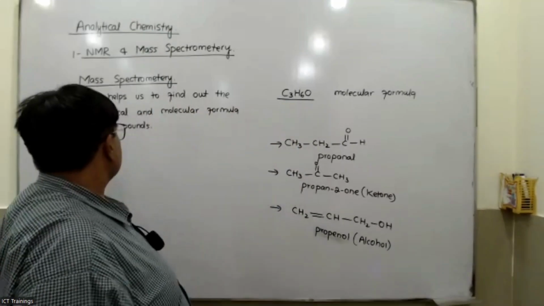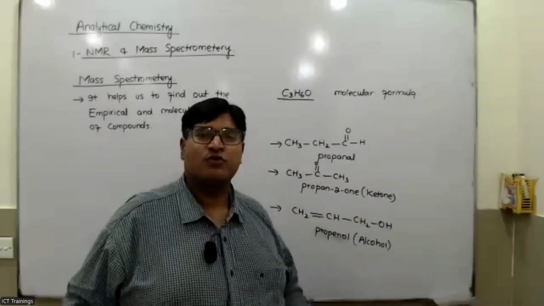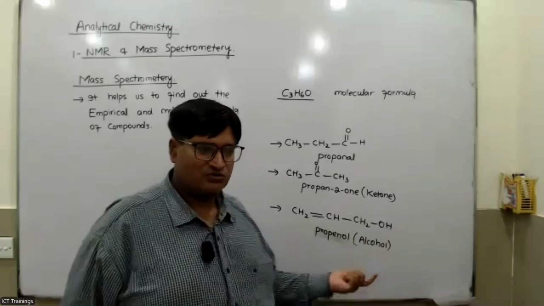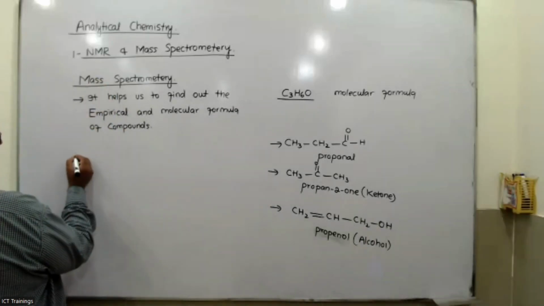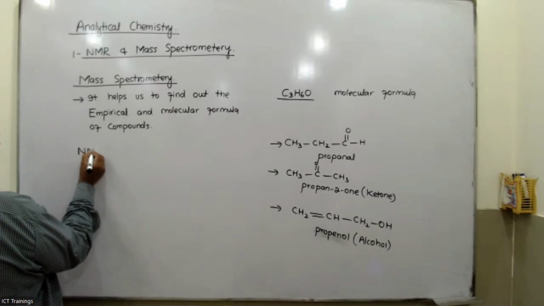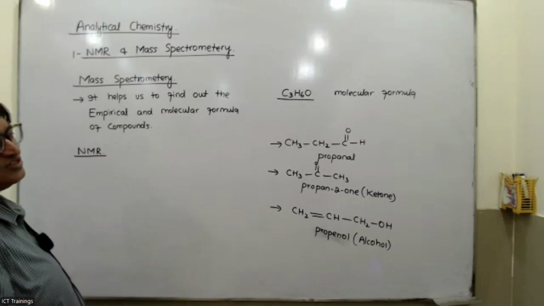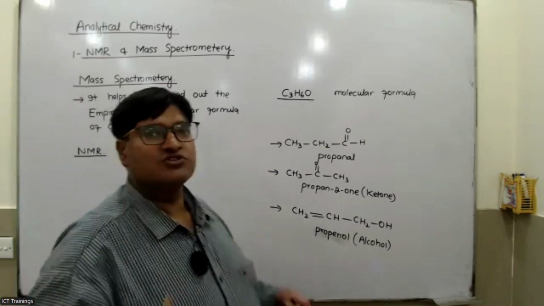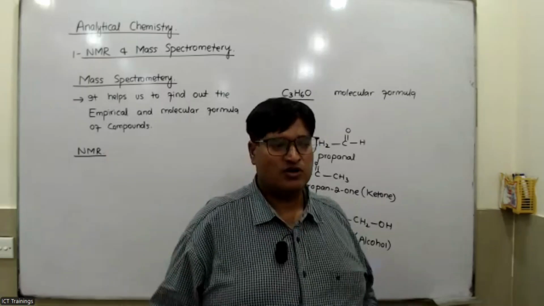So mass spectrometry only gives you the molecular formula of that compound. Whereas NMR is a technique which is used to elucidate the structure of the complex organic molecule.